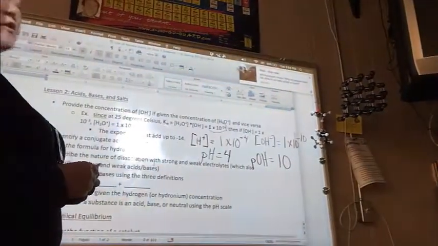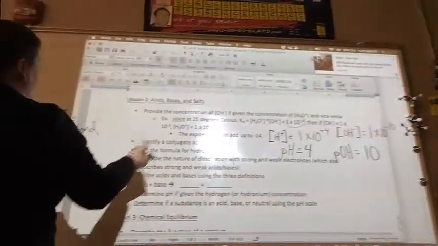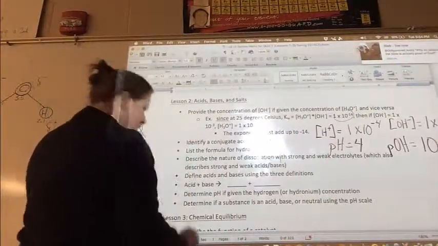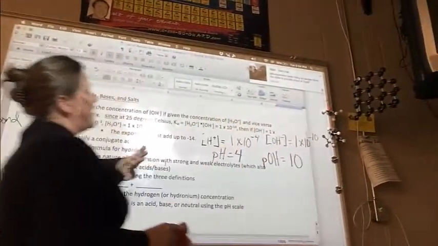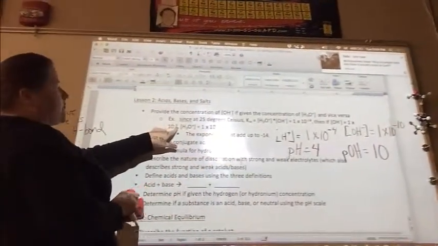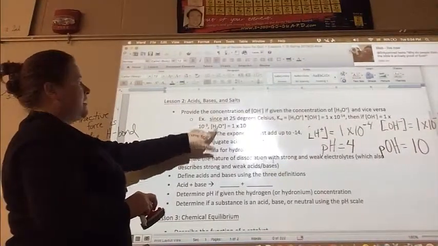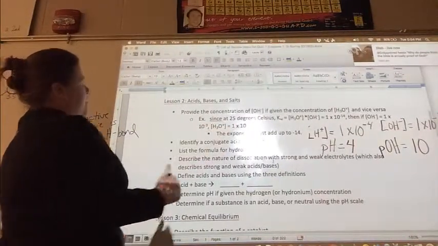So essentially, the exponents must add up to 14. Here, the example on this board is, if the hydroxide ion is 1 times 10 to the negative 3, then the hydronium is 1 times 10 to the negative 11.